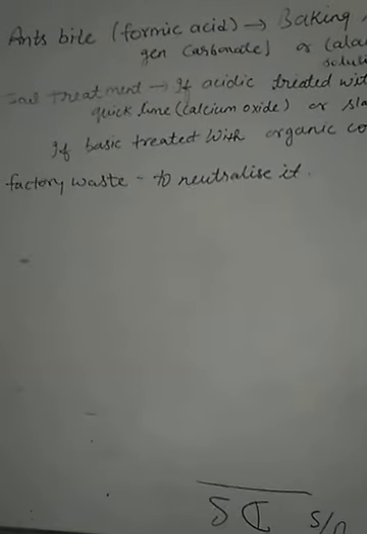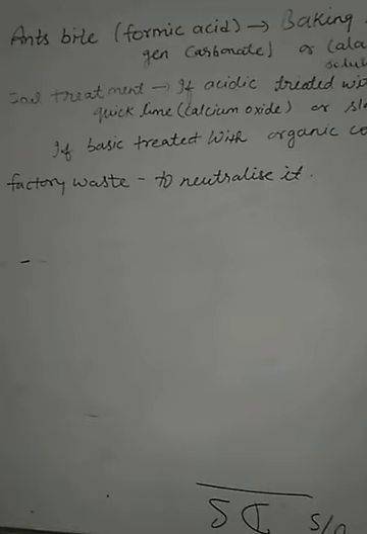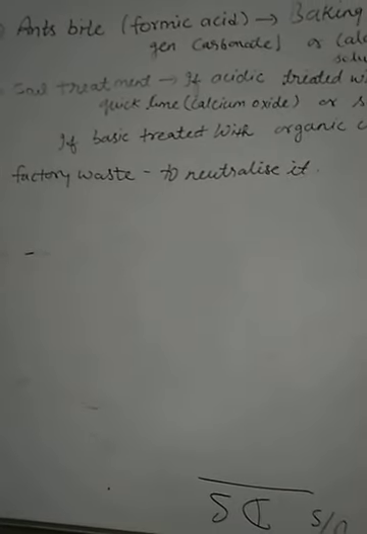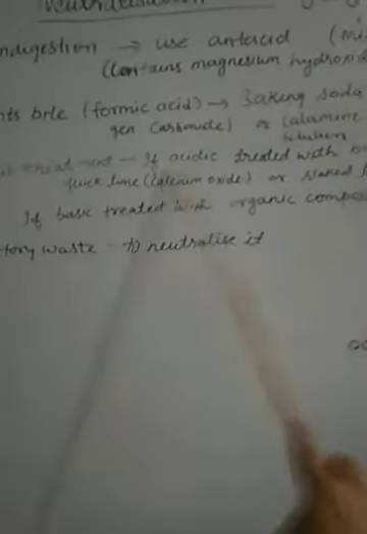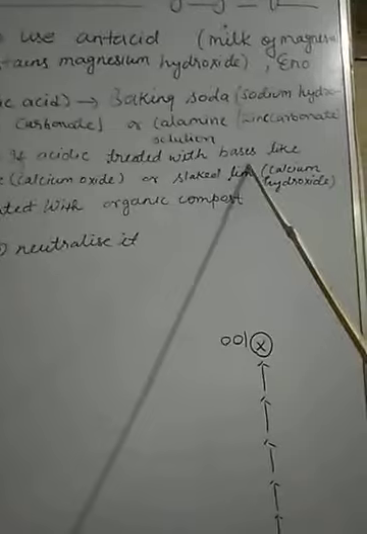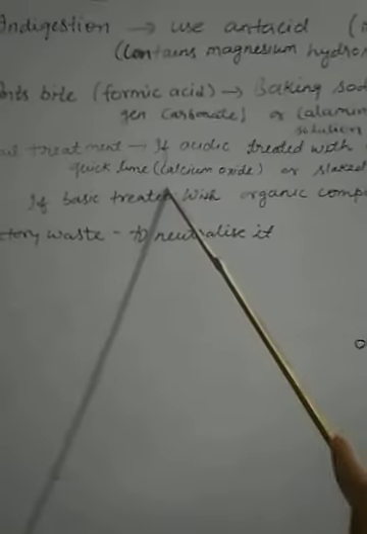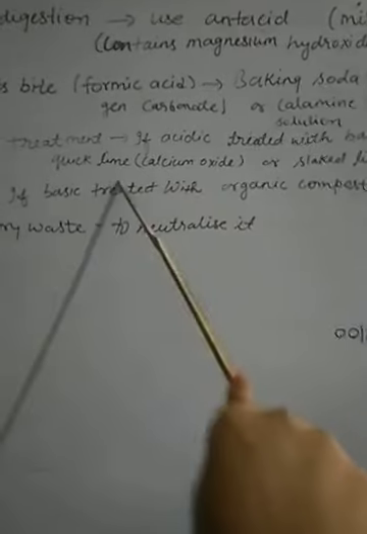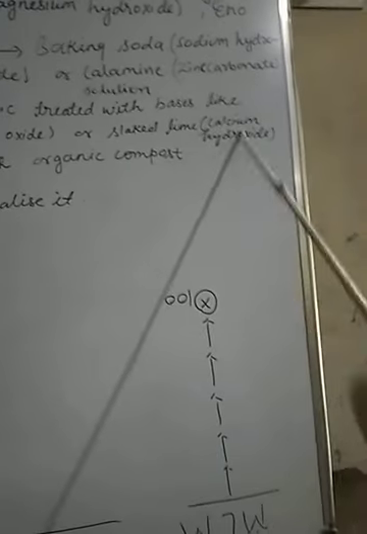So children, when the soil is too acidic, it is treated with bases like quicklime, or calcium oxide. Calcium oxide is commonly called quicklime. Or you can use slaked lime, which is calcium hydroxide.